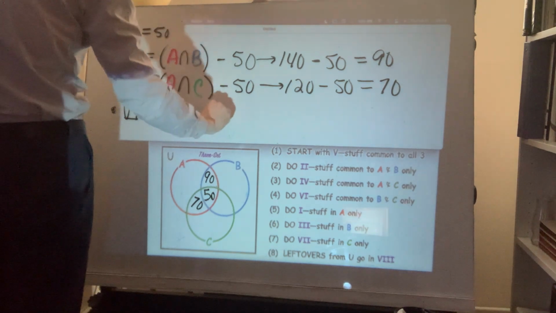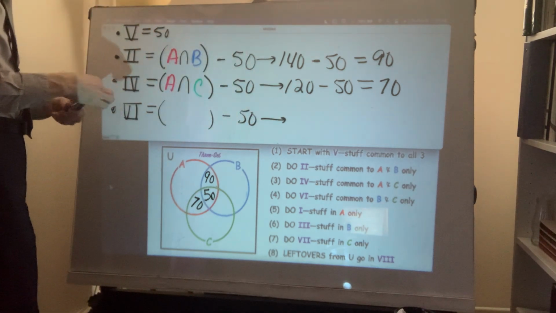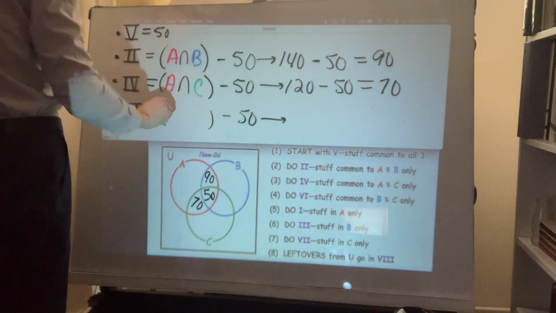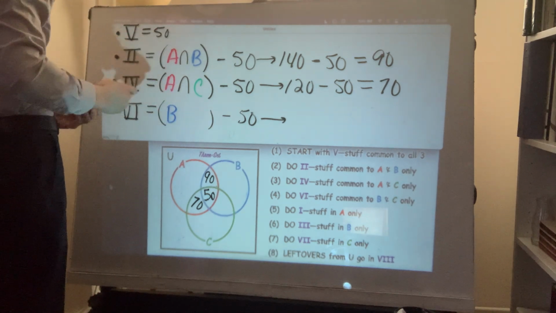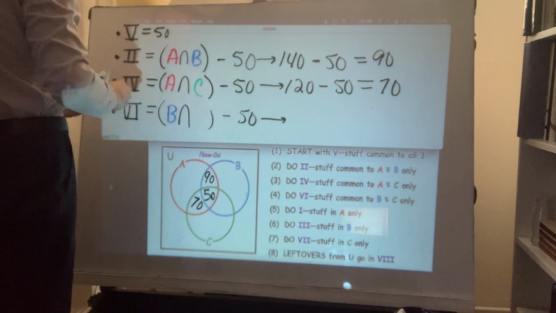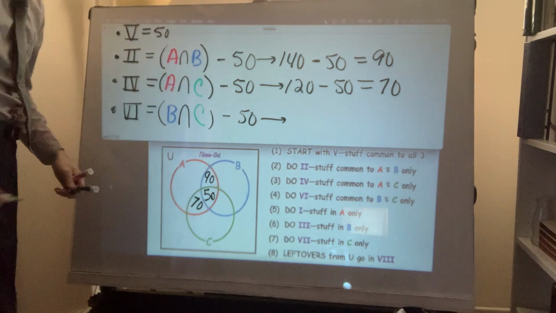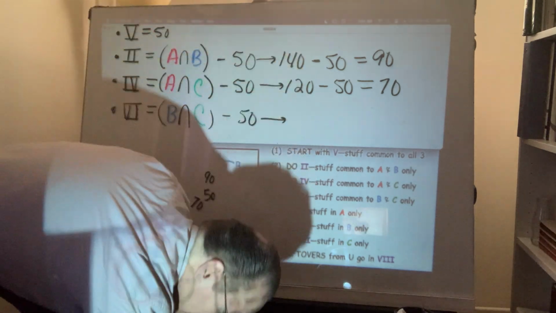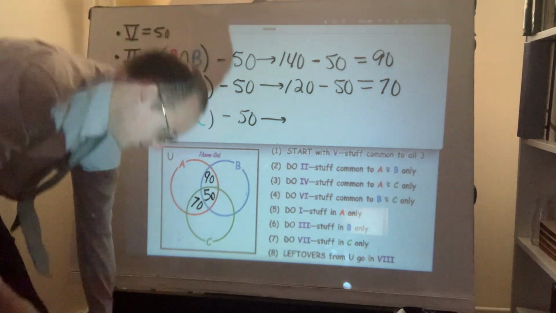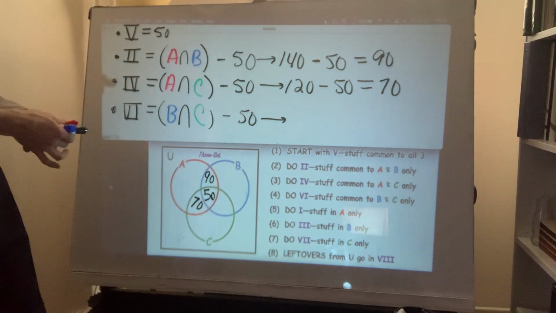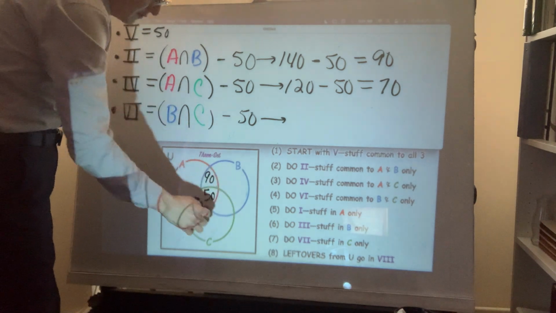And we're going to naturally subtract from 50 again. What would this be officially? Well, it would be B intersect C. What would be the total number of people in this leaf?